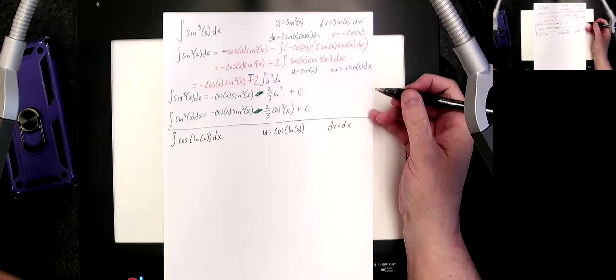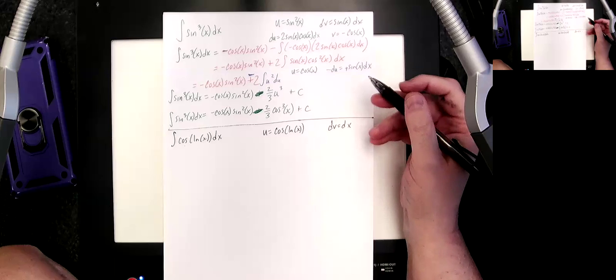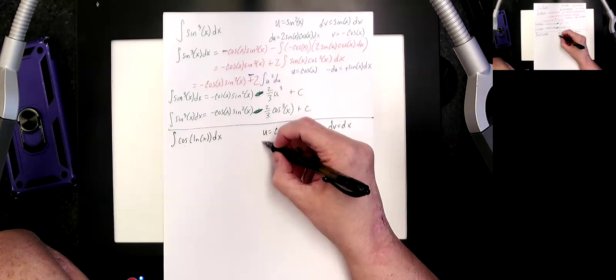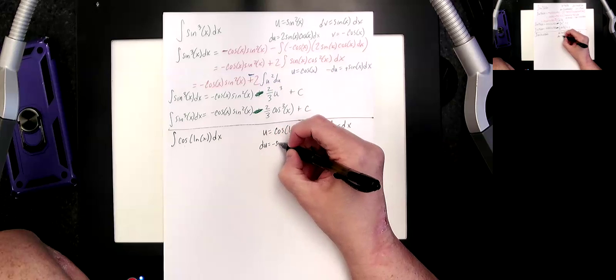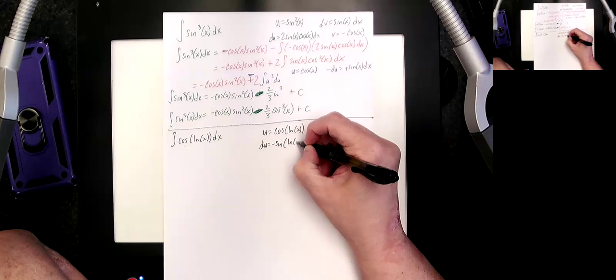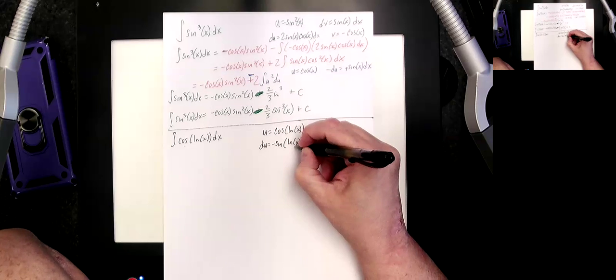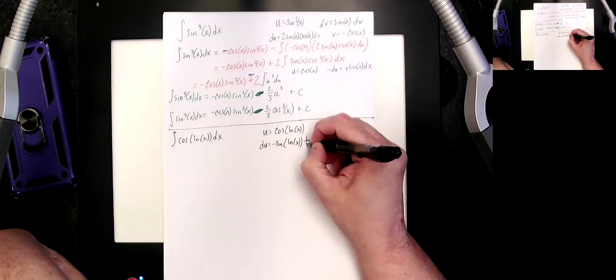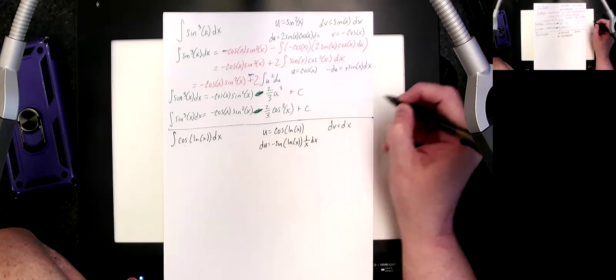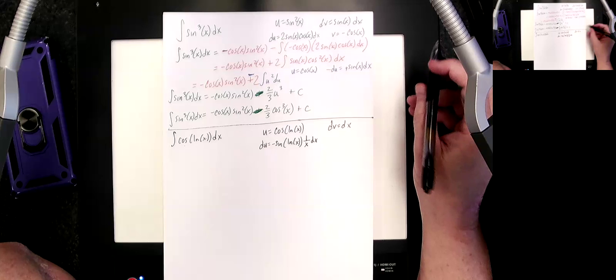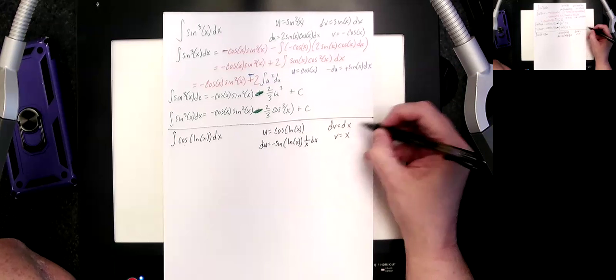My inclination was to do a substitution first, but this actually turns out to work. We take the derivative, and this is negative sine ln of x. Then we have to do the chain rule, so the derivative of ln of x is 1 over x dx. And v equals x.